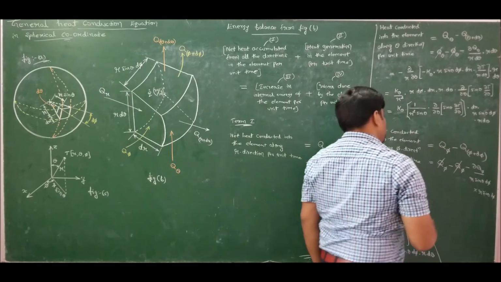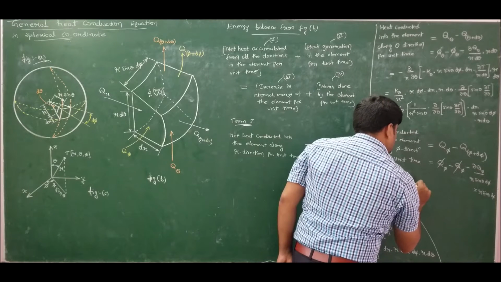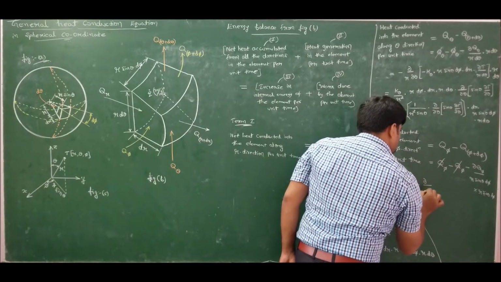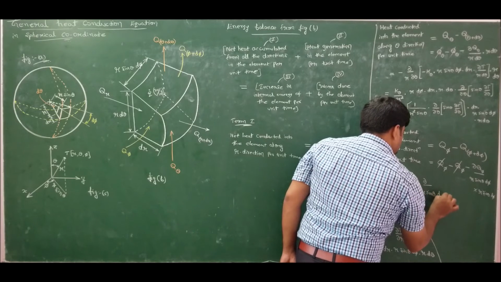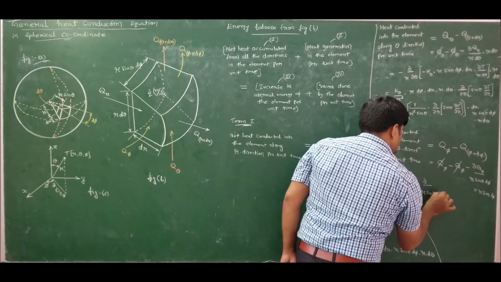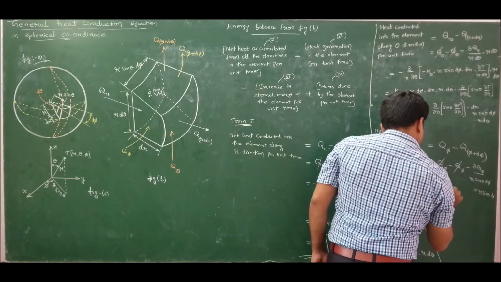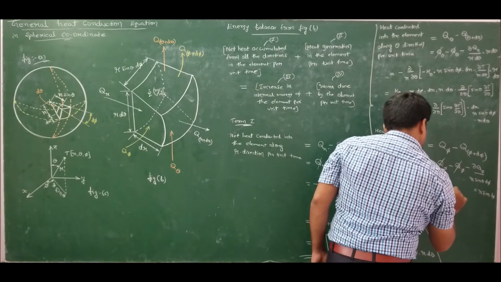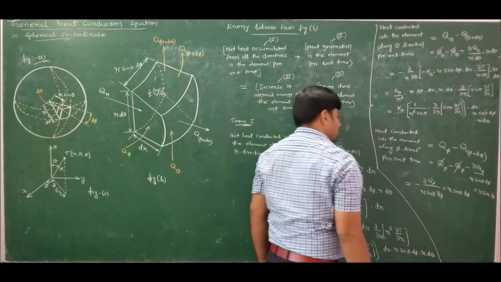Therefore q phi will get cancelled. So this is equal to minus dou by r sin theta dou phi of q phi into r sin theta d phi.